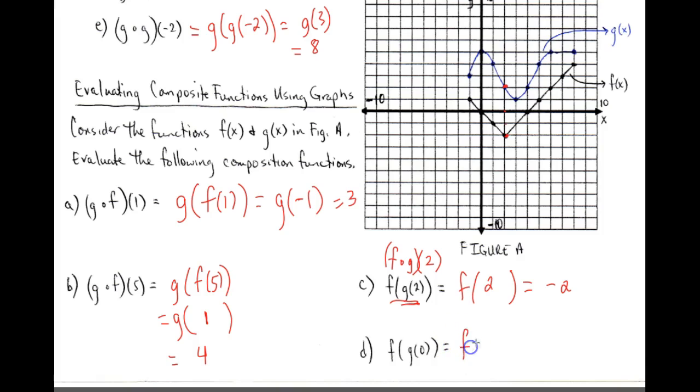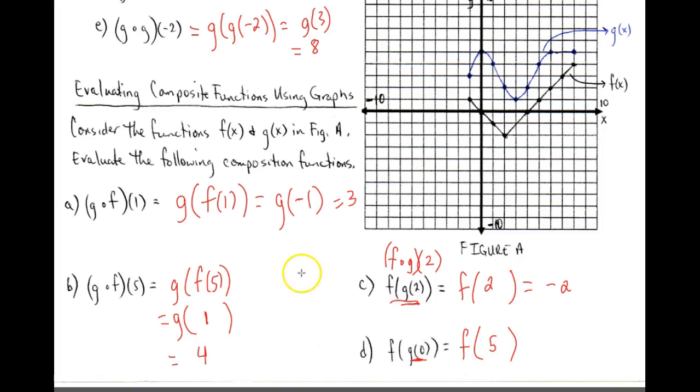Similarly, we know that we need to find out first what g of 0 is. So, get rid of this to get a fresh example. So when x is 0, for g, which is the blue graph, we know that we go up 1, 2, 3, 4, 5.